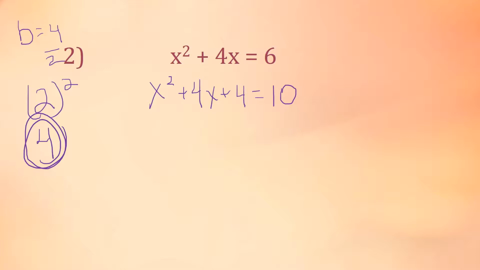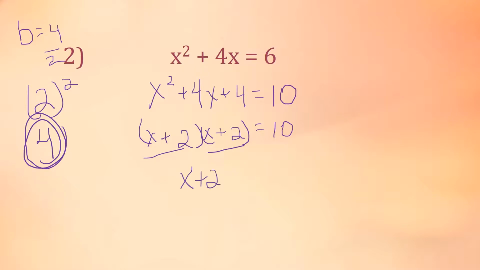Now I'm going to factor the trinomial on the left. I have 4, positive, positive, so I know it's all going to be positive. Works out nicely that it's 2 plus 2. So now I have the same exact thing times the same exact thing, so I'm going to write it as a square.